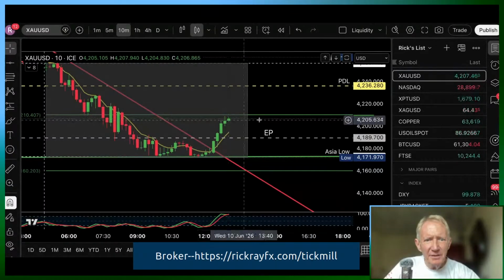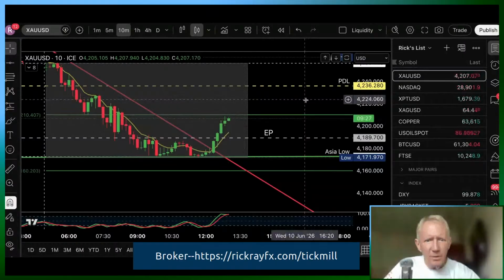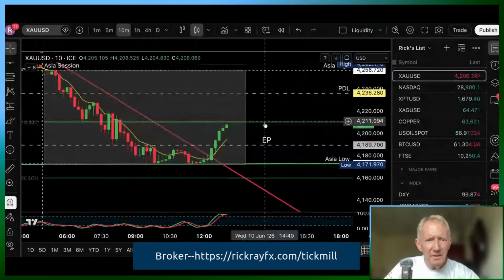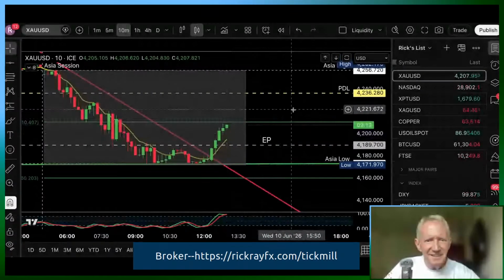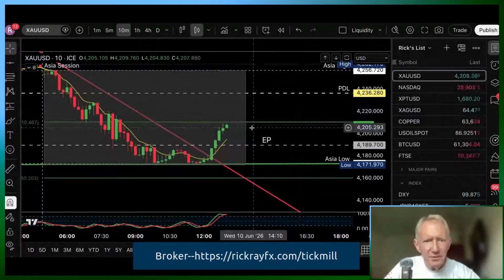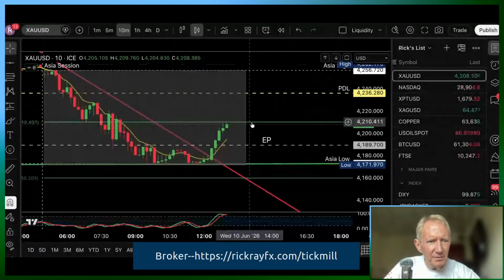And what's this candle going to do? 1 o'clock my time, that's Indochina time. Europe just opened. What are they going to think about the chart when they see it? Have they got any buyers over there? Or are they going to do a flip flop? 4209. I'm just going to reach up and kiss that resistance level.